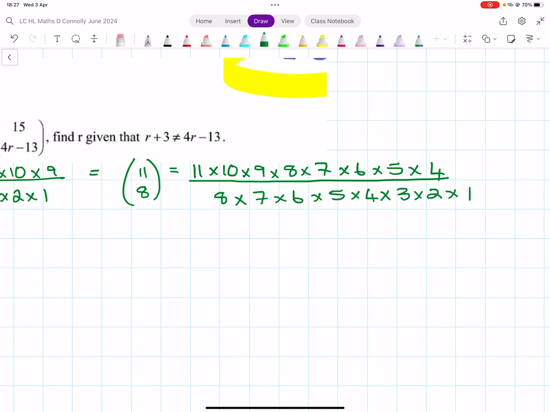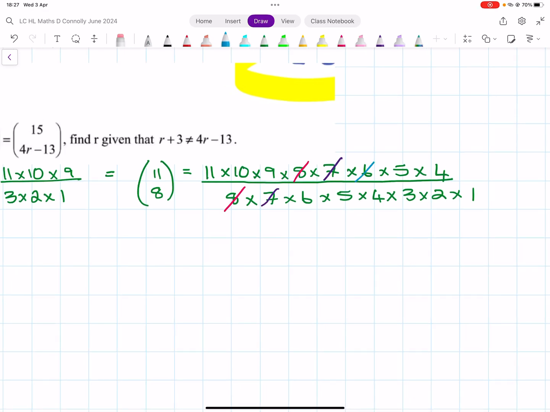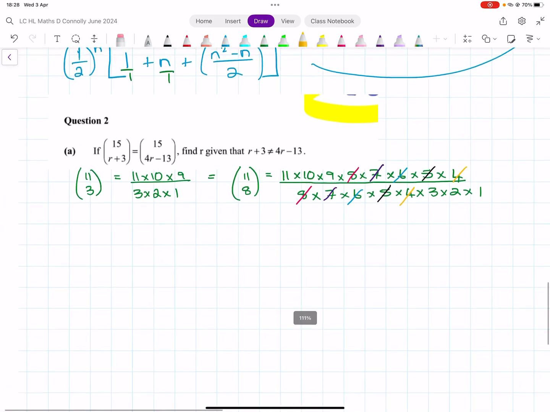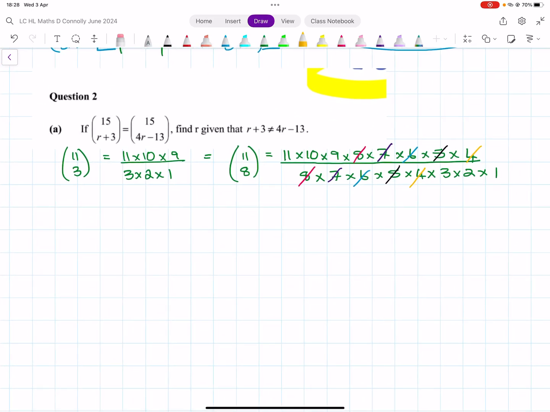And then if you look, the 8 cancels the 8, the 7 cancels the 7, 6 cancels the 6, 5 cancels the 5, 4 cancels the 4, and we are left with 11 by 10 by 9 over 3 by 2 by 1. So it's the exact same. Yeah?